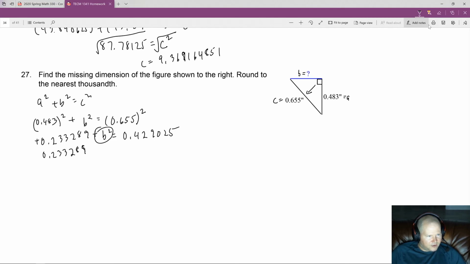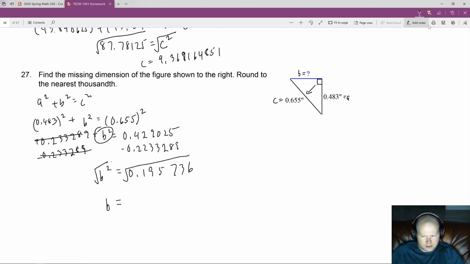And whatever I do to one side, I want to do the other, so I subtract it from both sides. So minus 0.233289, which leaves me b squared is equal to 0.195736. Now I want to get the square root of b squared to just get b, so I take the square root, and whatever I do to one side, I do to the other. And that leaves me b is equal to 0.442421.